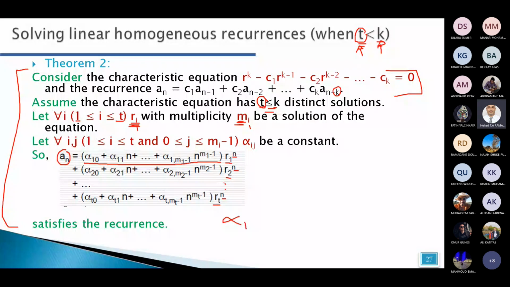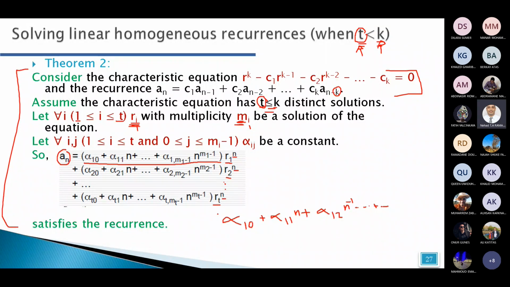When you see alpha 1, 0, it does not mean alpha 10. It's alpha 1, 0 plus alpha 1, 1 multiplied by n plus alpha 1, 2 multiplied by n minus 1, and so on.